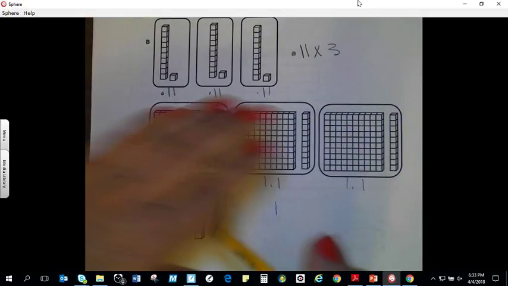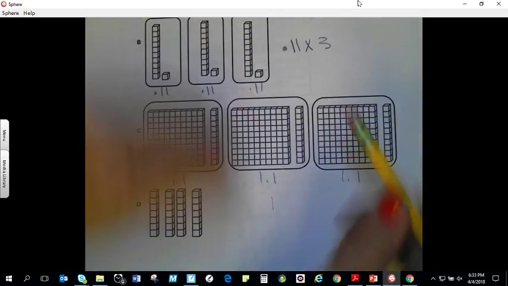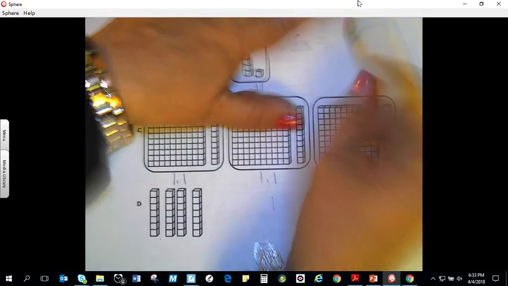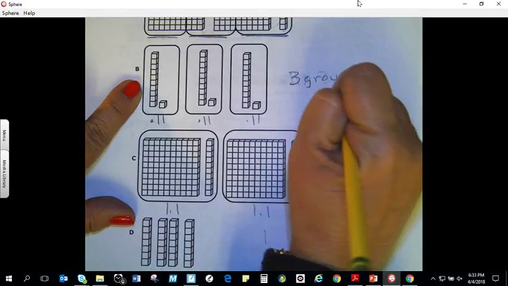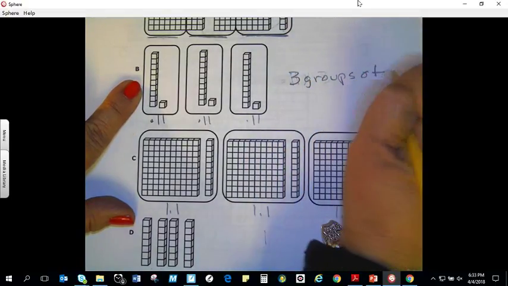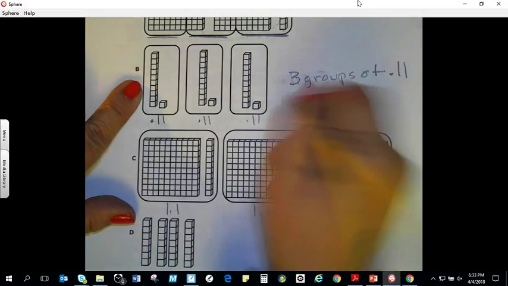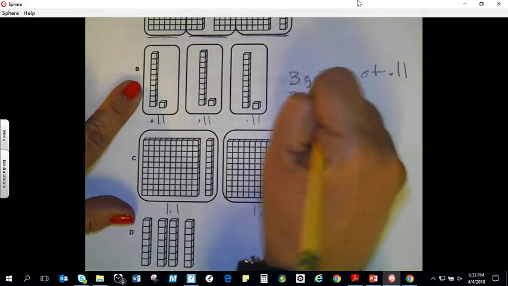I rephrased that. This is going to be the other way, 3 groups of 11 hundredths, which is the same as 3 times 11 hundredths.